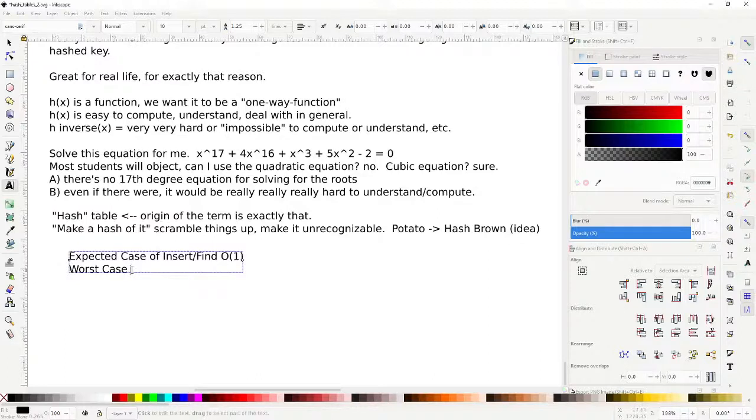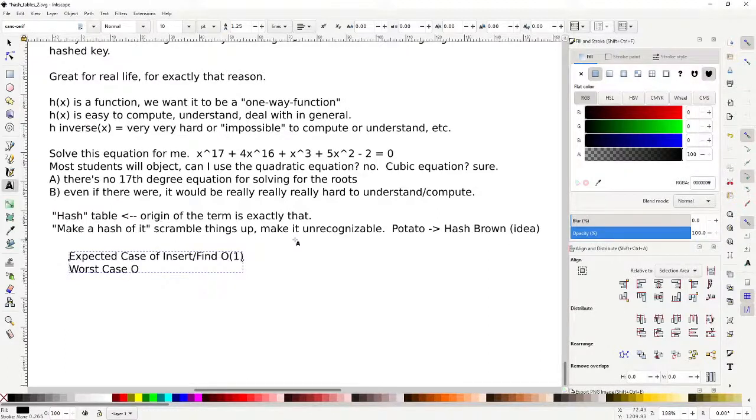Okay, the worst case is going to be O of n, right? And so this is what we're trying to avoid at, well, I won't say all costs, even though it's not really all costs. We're just trying to avoid it as best we can, right?